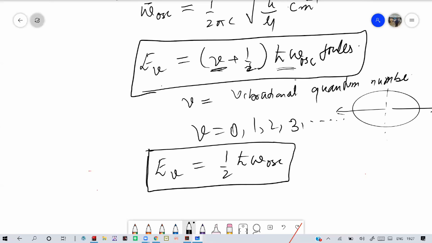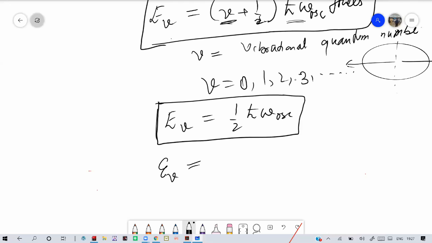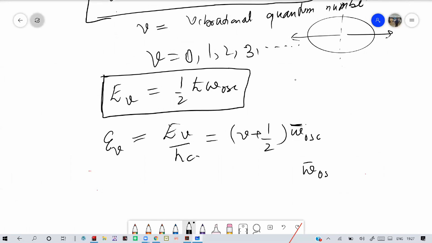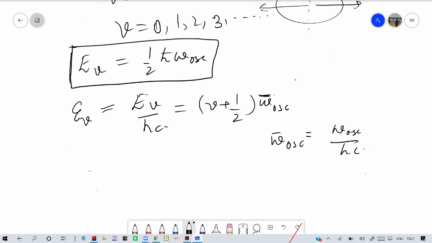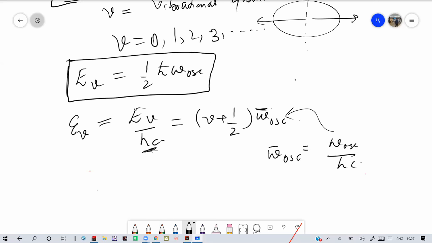And if you find this EV in terms of the wave numbers, where omega oscillation is equal to omega by hc, I am dividing by hc on this side in this expression.